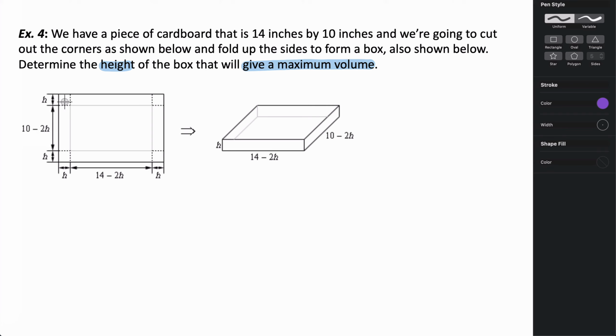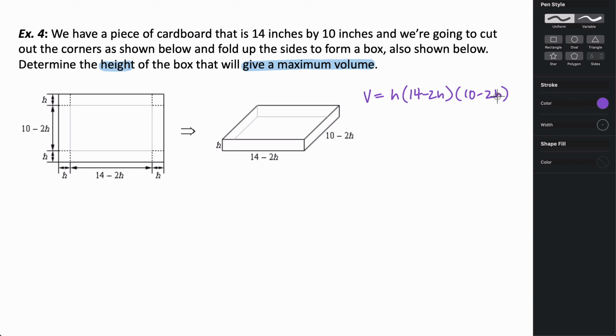So since we cut the little square out of each corner, we have 2 h's there that are being subtracted from the full length of the box of 10. And then the same is true on the other side. So that gives us something like this. So when we're trying to find the volume, we know that the volume is length times width times height. So that means that the volume is h times 14 minus 2h times 10 minus 2h.